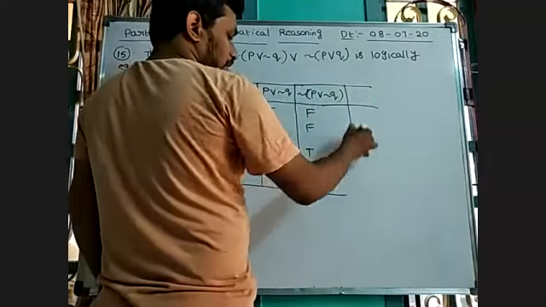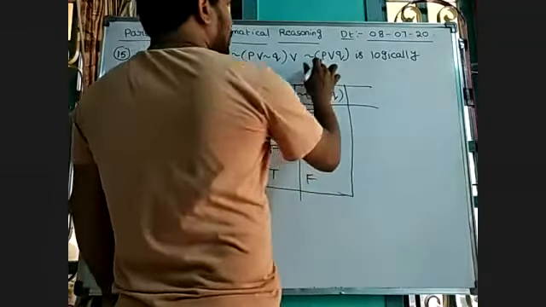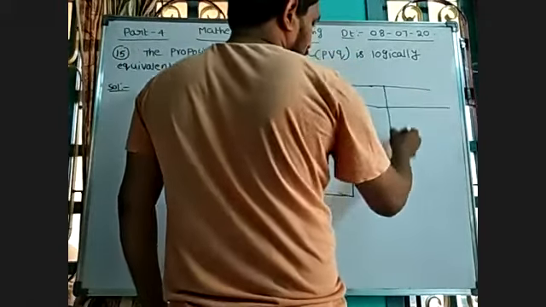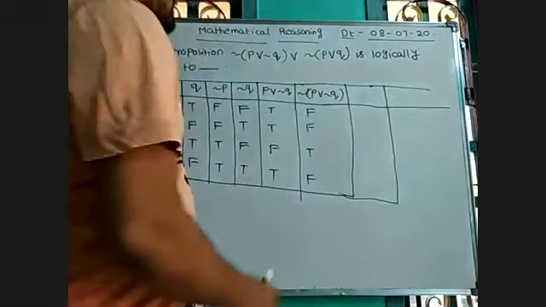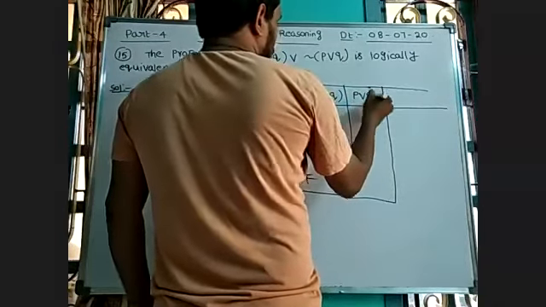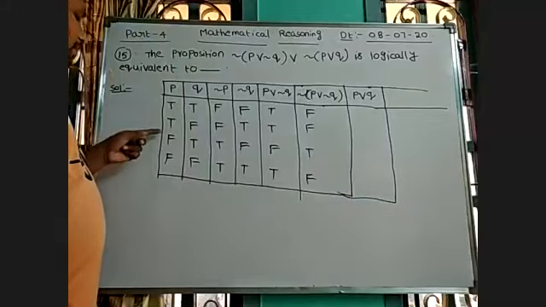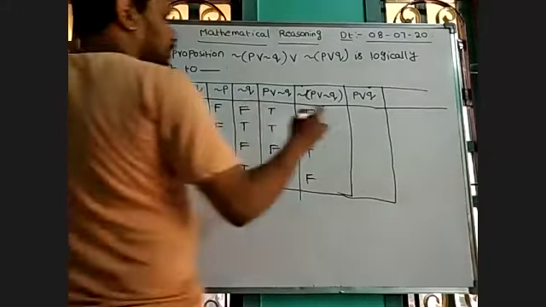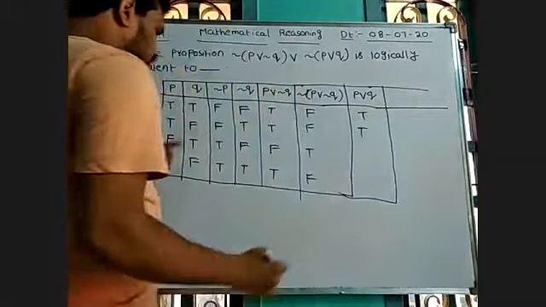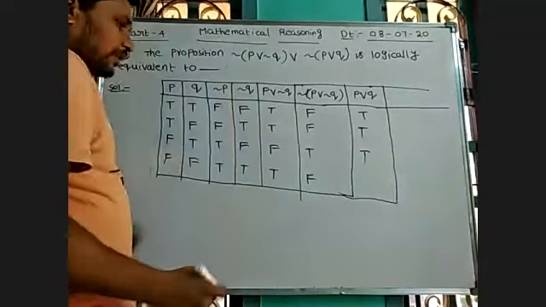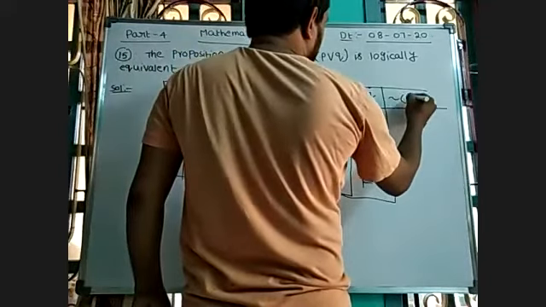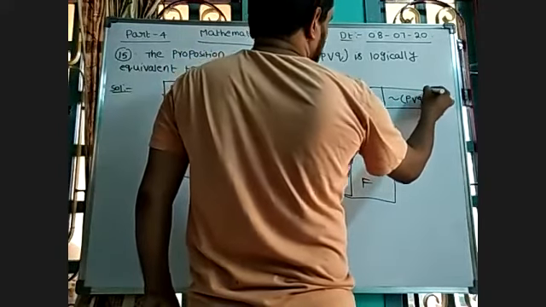Next, see what is the negation of P or Q. P or Q means true, true, we get true. True, false, we get true. False, true, we get true. Next, false, false, we get false. Then negation of P or Q.